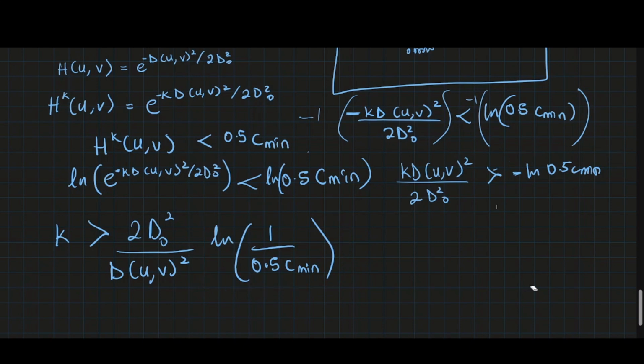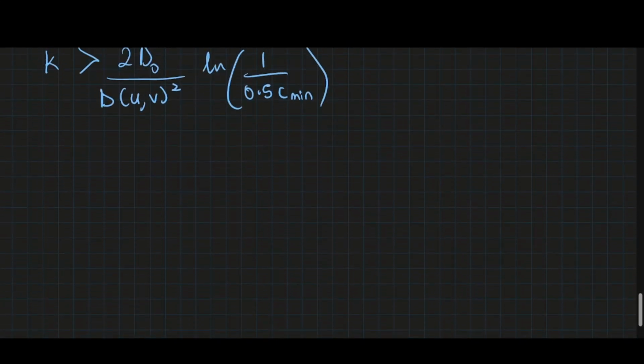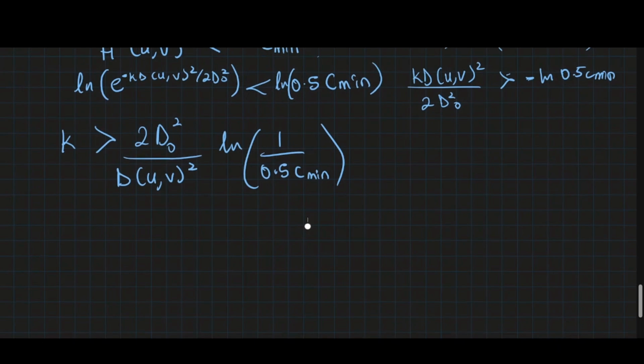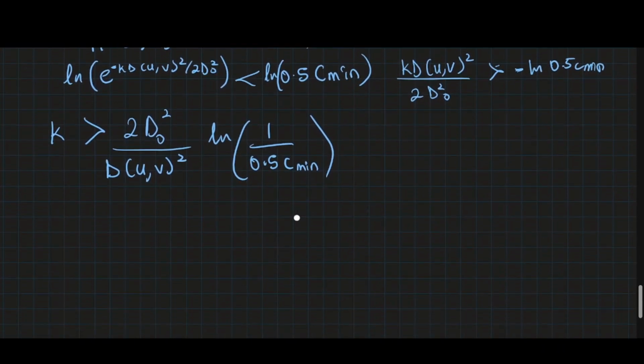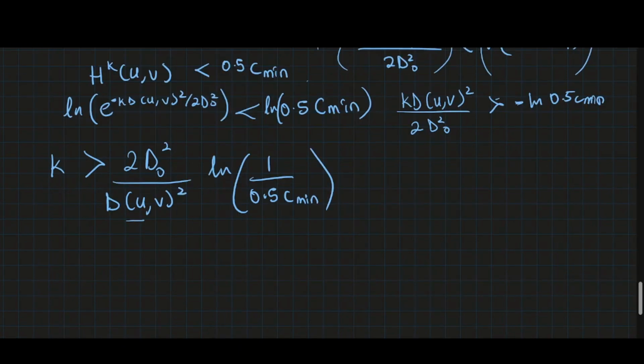So moving on, in order to find the true minimum value of k such that the Gaussian low pass filter wipes out all the non-DC components, that is all these other components in the frequency spectrum, you have to find the smallest non-zero distance from the origin.